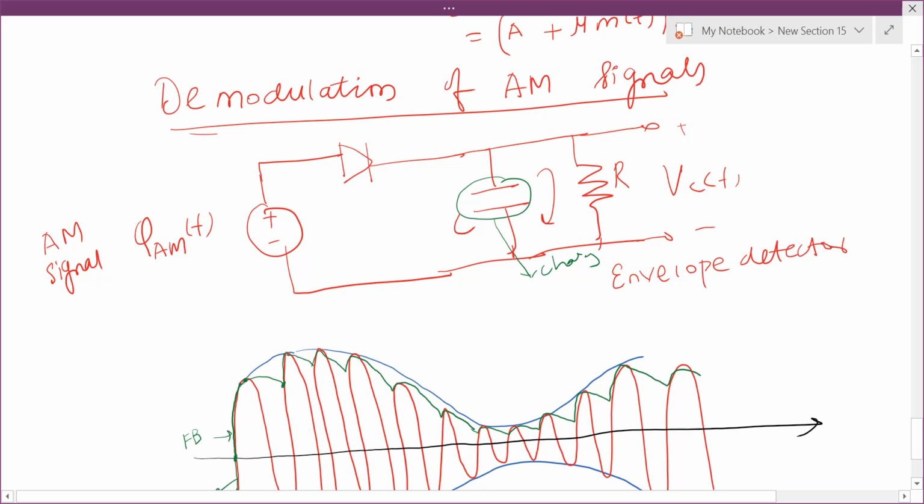See now the power of AM. We don't have to generate a cosine signal separately. Why? Because the cosine signal we have transmitted along with the modulated DSBSC signal. That is the power of AM.